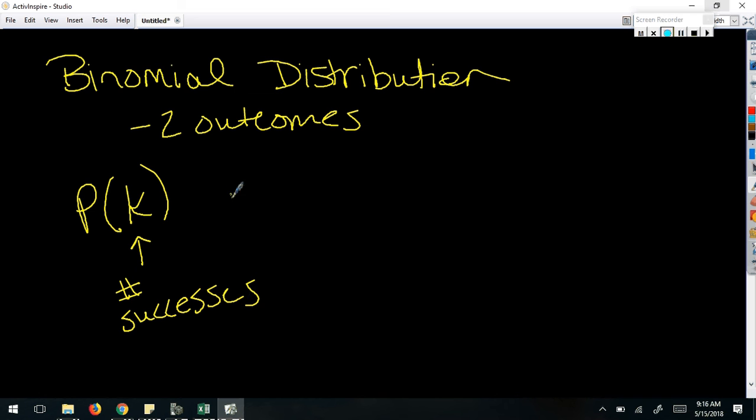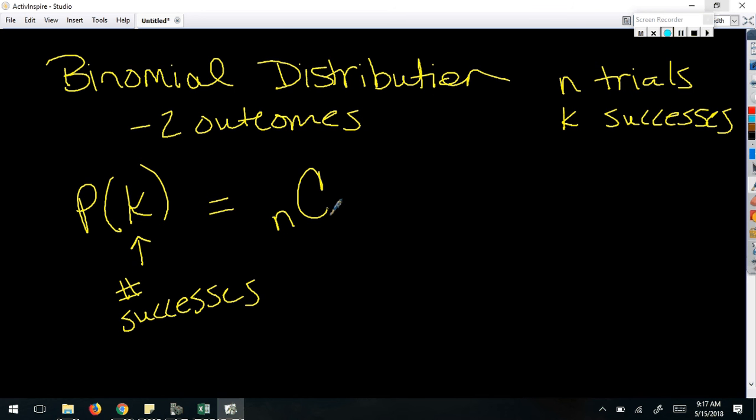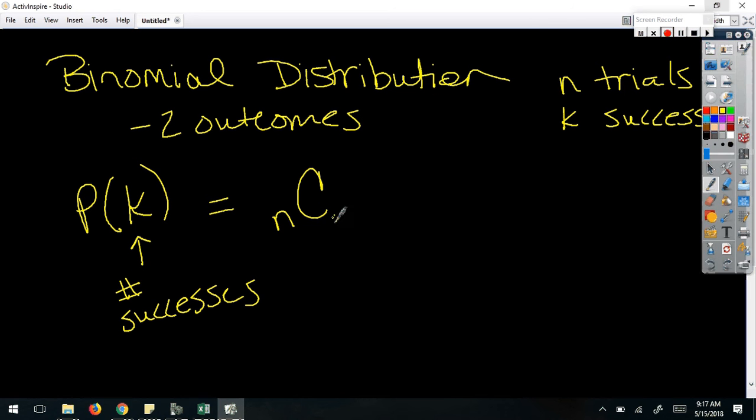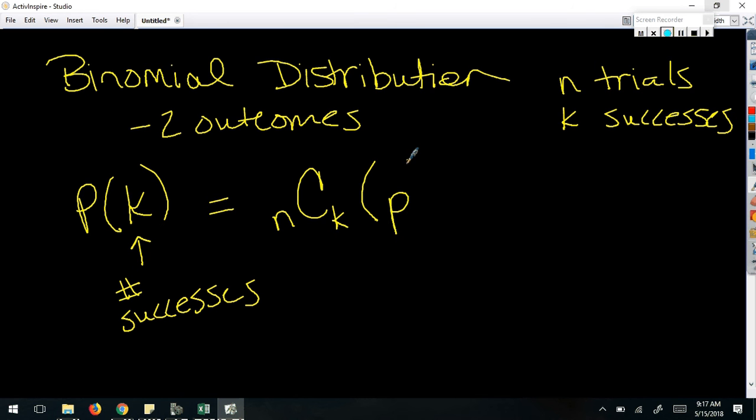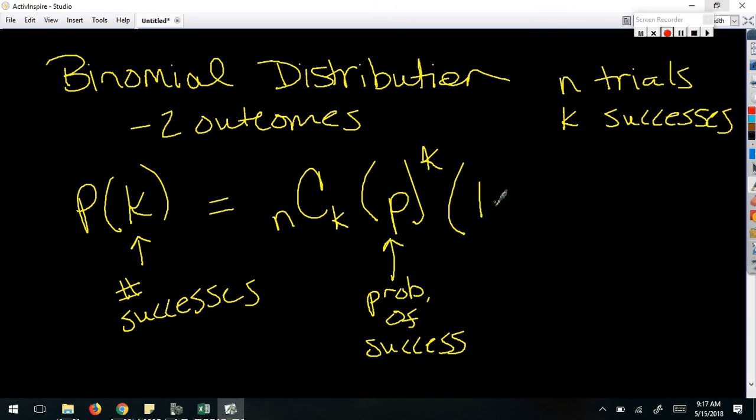All right, so the formula for this: in n trials, k successes, n choose k. Actually, I guess we need to change that to k since we're using a k. P is my probability of success, raised to the k, times 1 minus p.